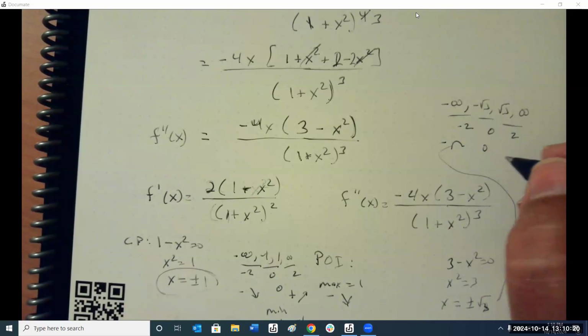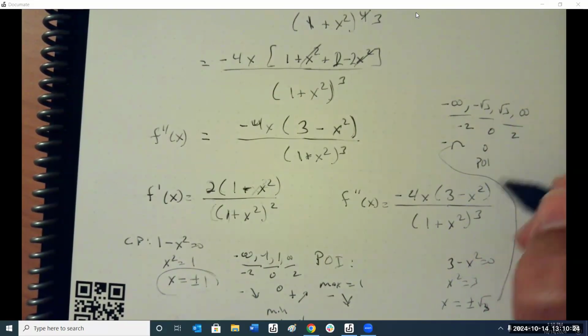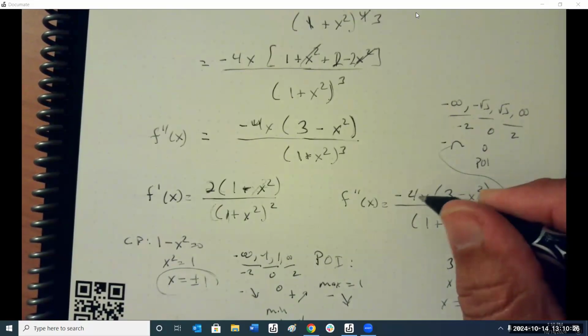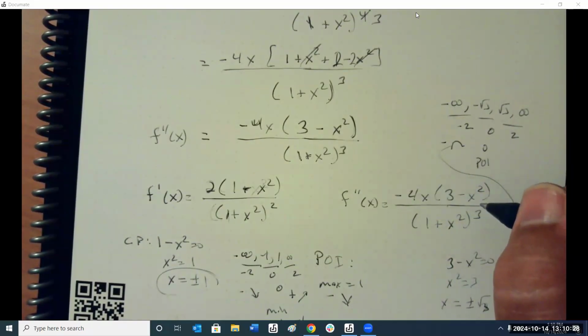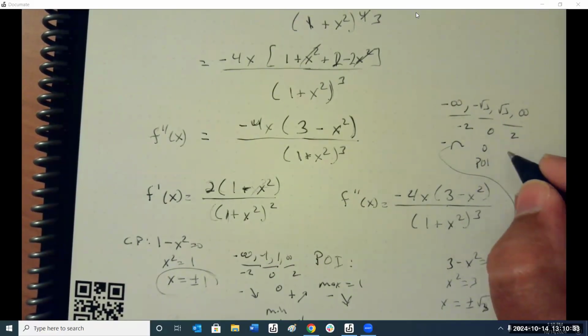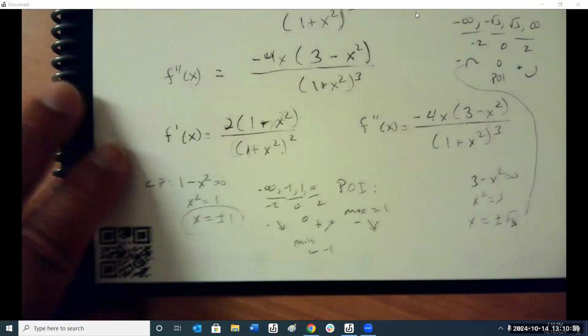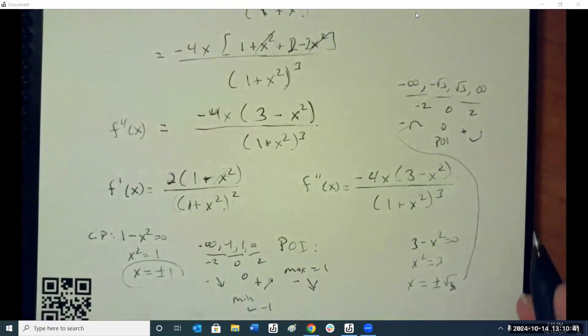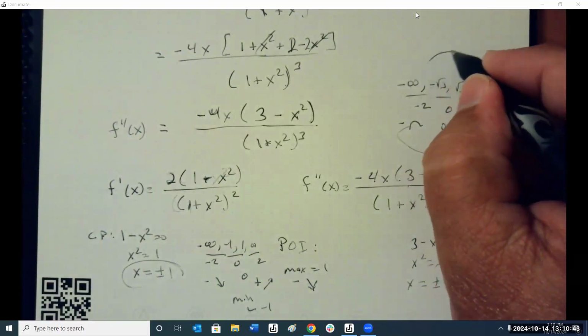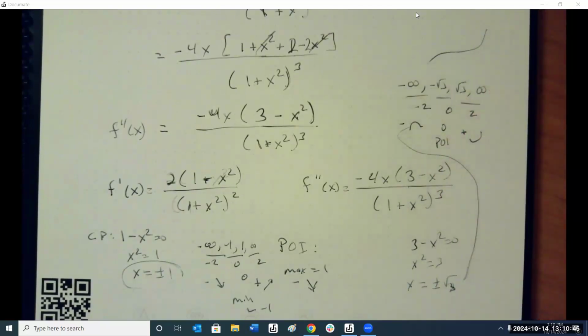So 0 is a point of inflection. And at 2, -8, -1, it's positive. So it's positive, it's concave up. Looks like something like that.